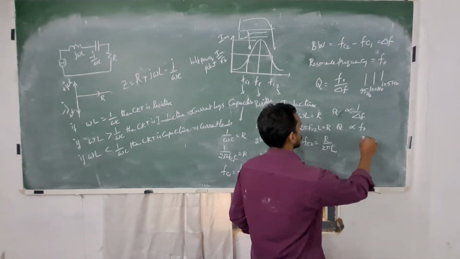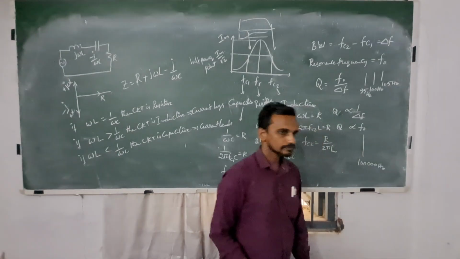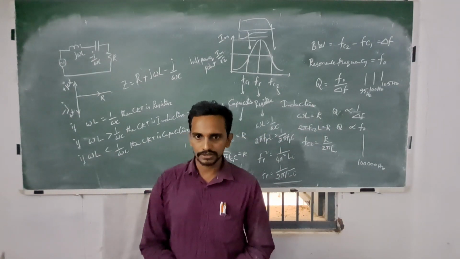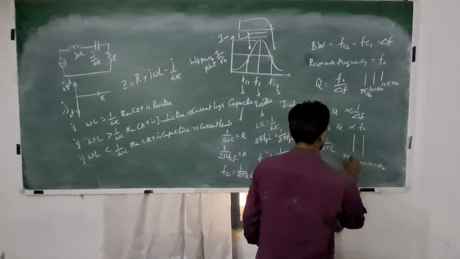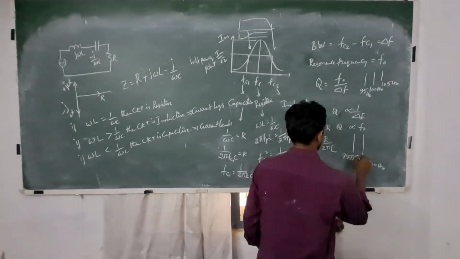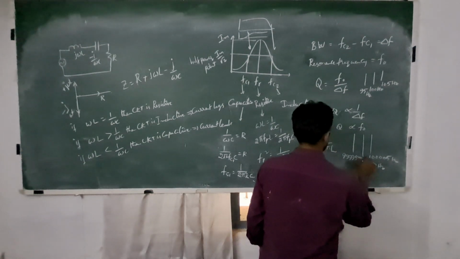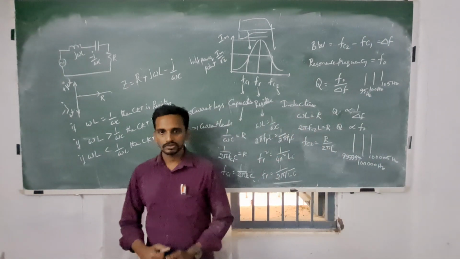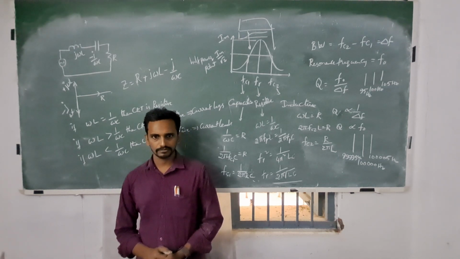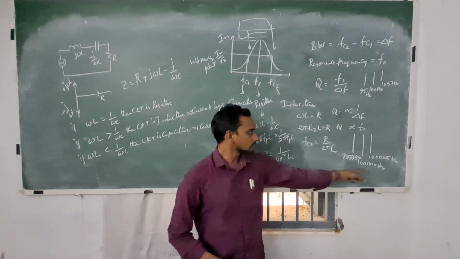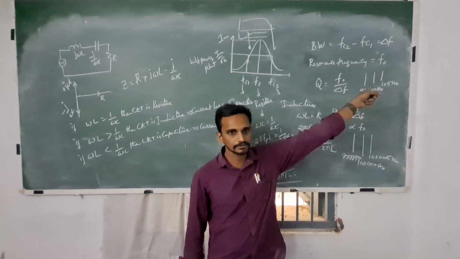And now I want to select 1 lakh hertz, and the bandwidth is the same. Which one is a better selector? Here out of 1 lakh the error is only 10. Here out of 100 the error is 10.